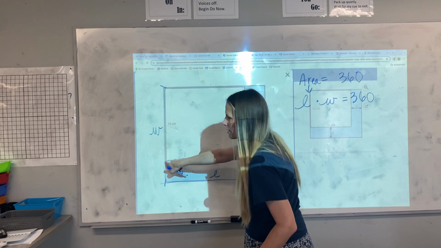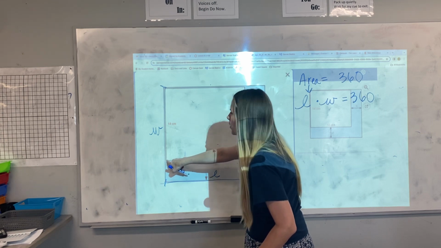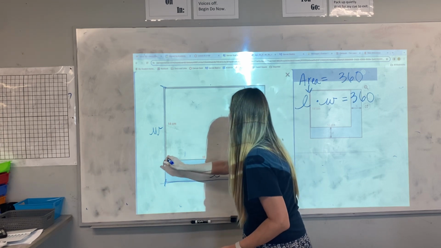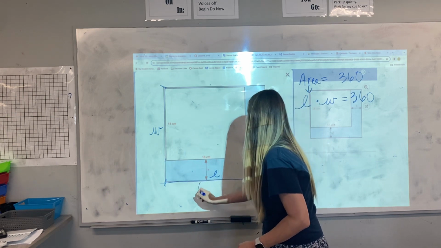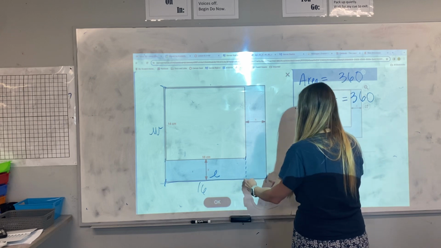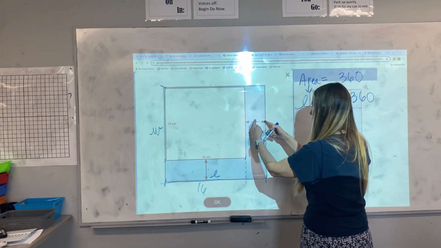How there's a little bit of a border there. That's weird. But anyway, it's saying that essentially from here to here is 16. And then from here to the end is x.